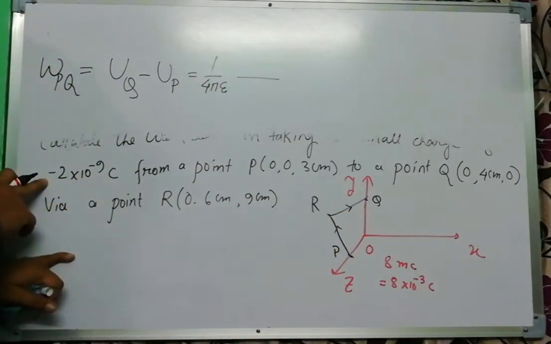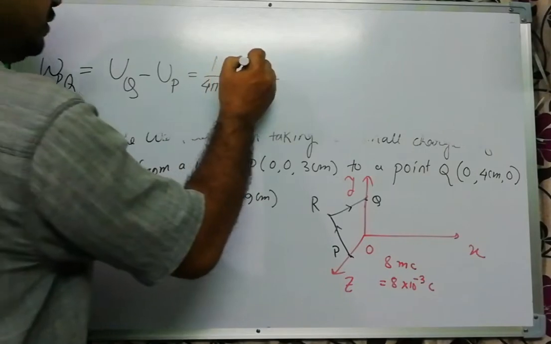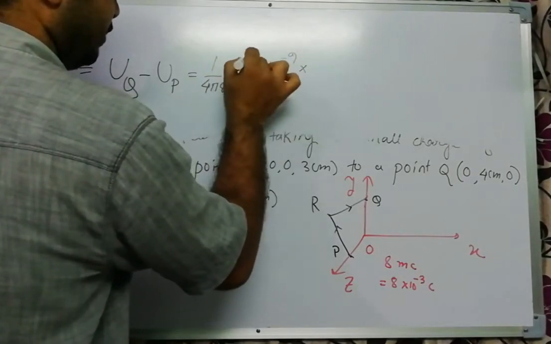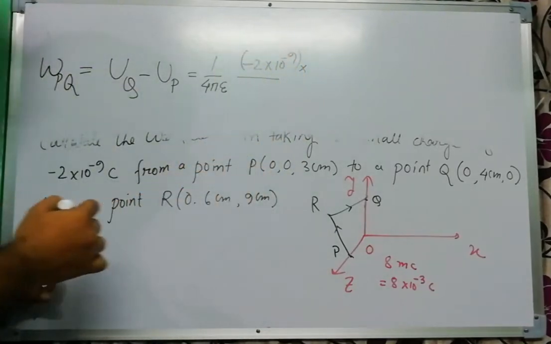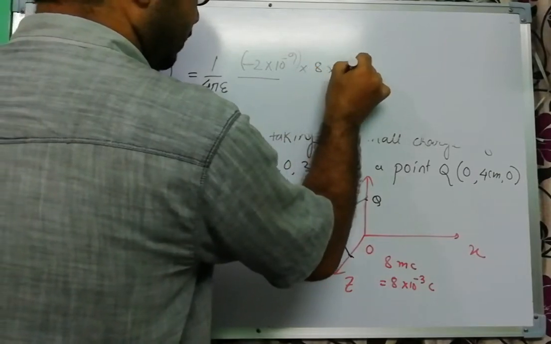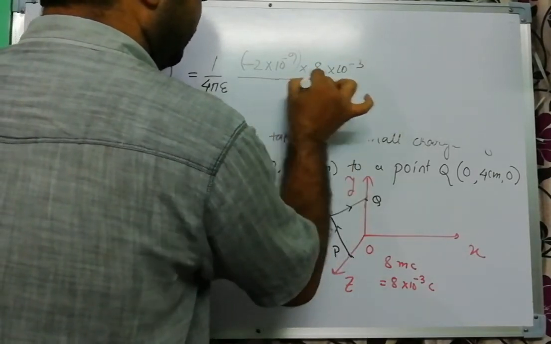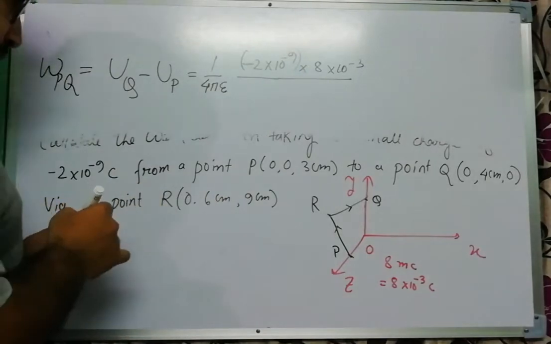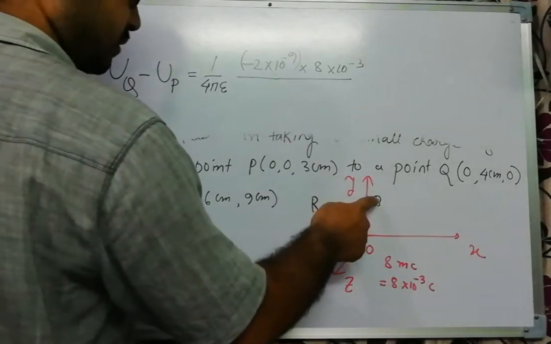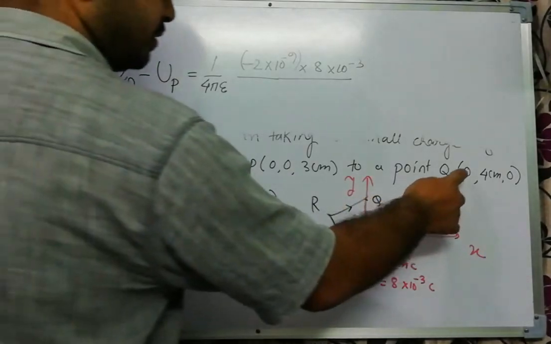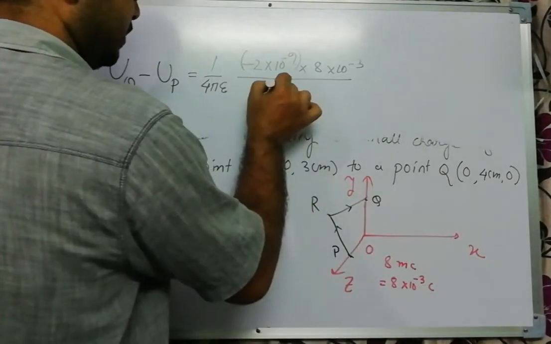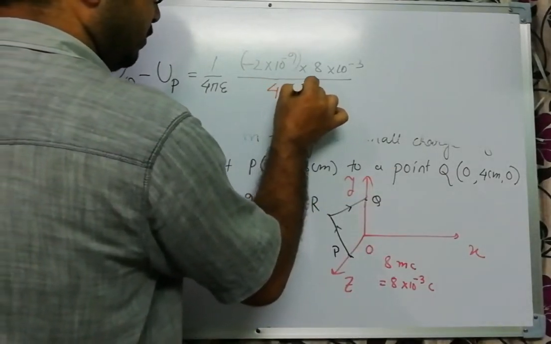That is -2 × 10⁻⁹, into what is the charge at the origin? 8 × 10⁻³, divided by what is the distance from O to Q? What is the coordinate of Q? The coordinate of Q is (0, 4 cm, 0). So the distance from O to Q is 4 centimeter. So 4 centimeter converted into meter is 4 × 10⁻².